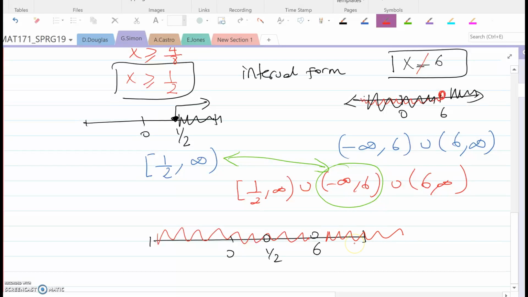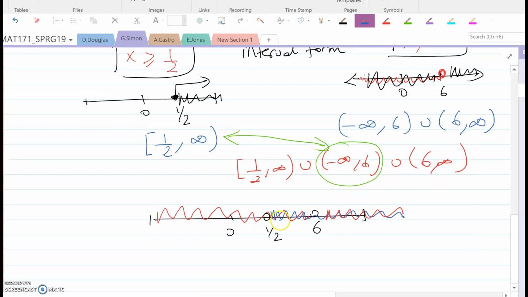However, the red one is restriction 2. However, for restriction 1, we want all the numbers there. So we want to get their intersection, and we still can't include 6. We need to include 1/2. So then we need to write 1/2 till 6, 6 is not included. Then we go from 6 to infinity, and that will be our answer.